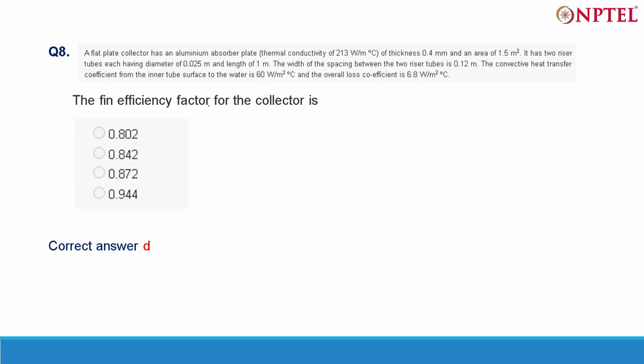Now this is the fin efficiency factor for the collector. Please try this question. The convective heat transfer coefficient is given, and the overall loss heat coefficient. Everything is given. There is a formula for fin efficiency factor, so you can apply it and solve it. Try to solve it.